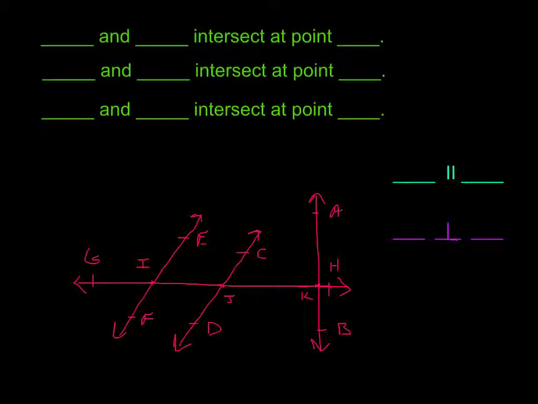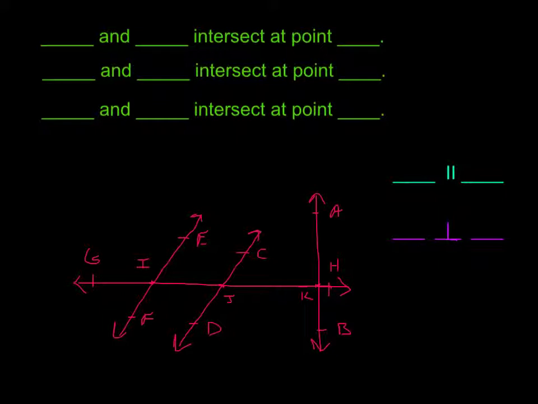On our next slide here, we're going to figure out a bunch of different things. So our first thing we're going to do is find our intersecting lines and the points at which they intersect.